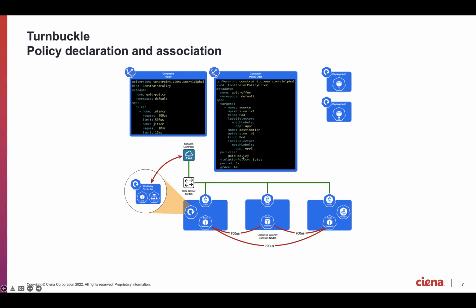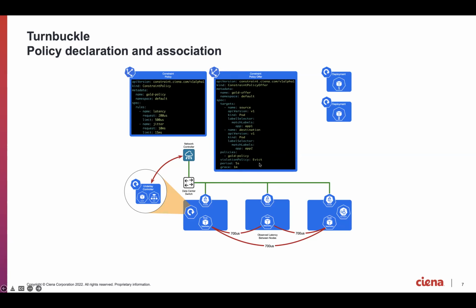So when we call that gold policy, or the rules in it, to get evaluated, we will pass the source and destination pods that match. You'll see a binding gets created. We'll have multiple bindings created out of this, and each binding will have one instance of source and one instance of destination. So there's an implicit rule that the rule evaluation will understand how to deal with that. There is some implicit capability around that.